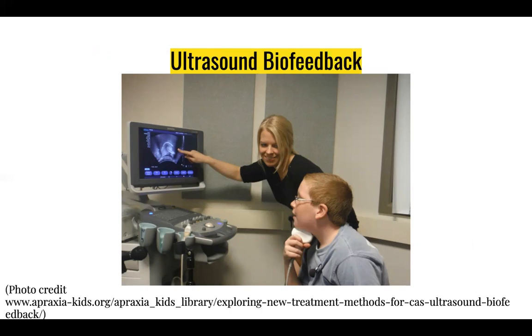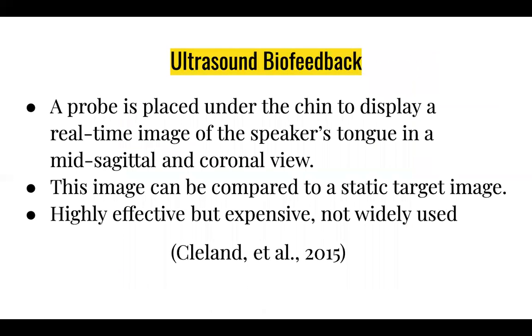Ultrasound, as you can see from this picture, uses an ultrasound machine, which can be quite costly, and they start at about $12,000. So you're not going to find this readily available for most clients. But it uses a probe that's placed under the chin to display a real-time image of the speaker's tongue in a mid-sagittal and coronal view.